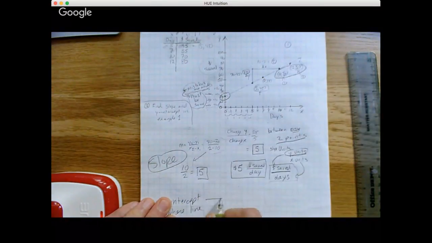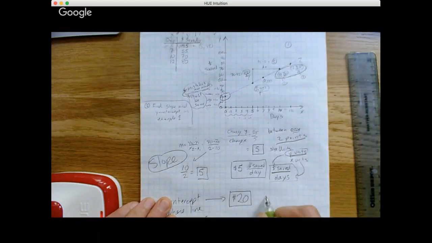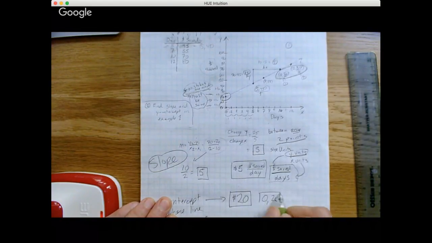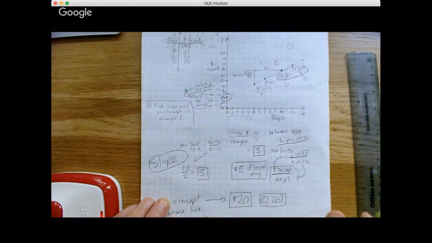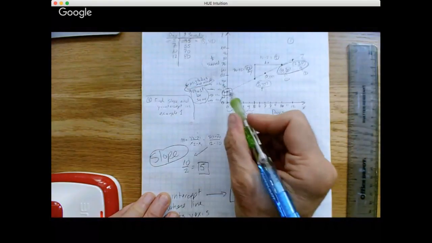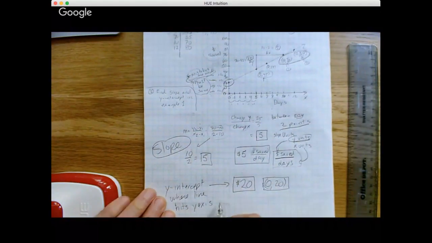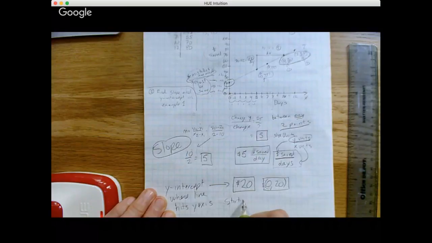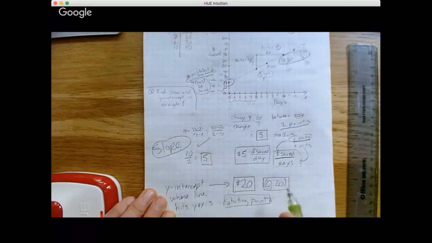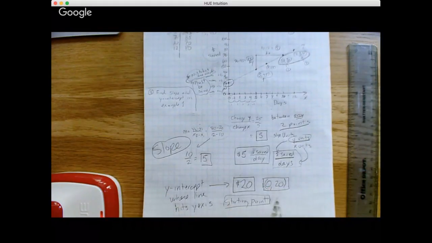So our y-intercept is $20, or (0, 20), however you want to think about it. It's the point (0, 20). It crosses the y-axis at 20. And so the y-intercept is also known as our starting point. We'll talk more about this as we go into word problems and such. But the y-intercept, starting point, where the line hits the y-axis, it's all the same thing.